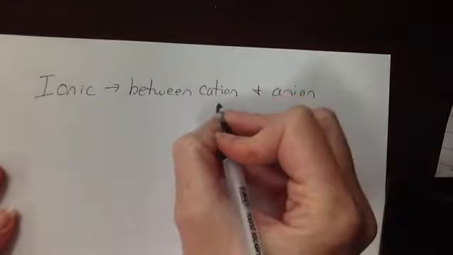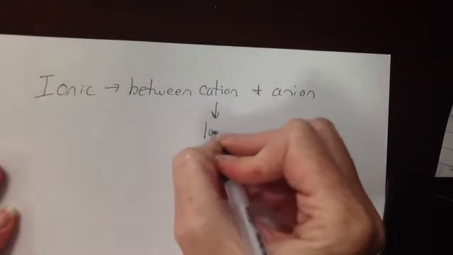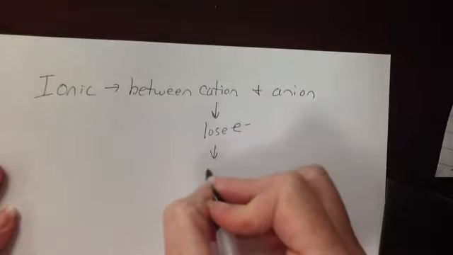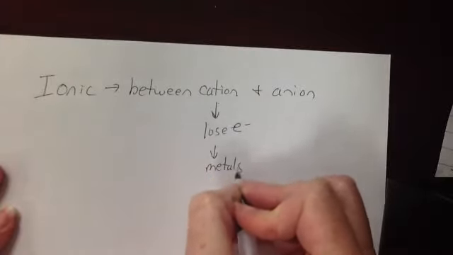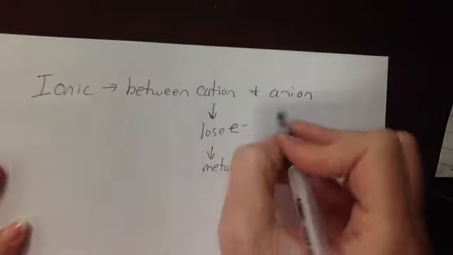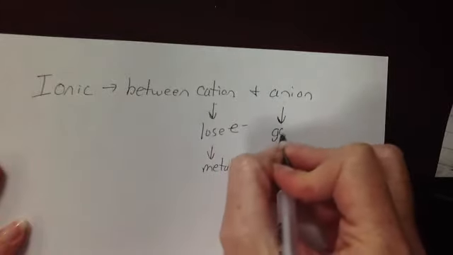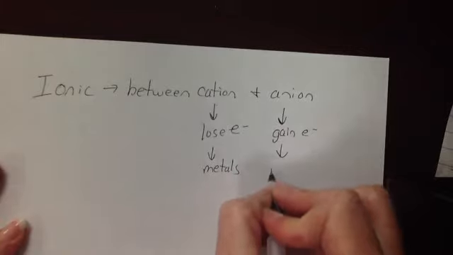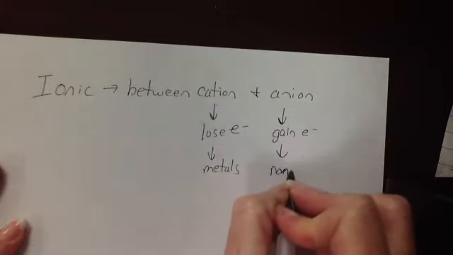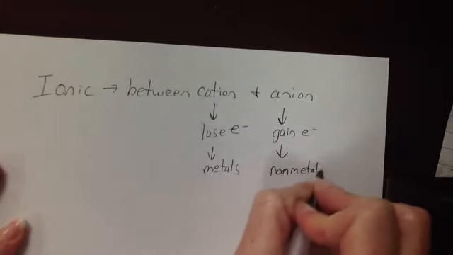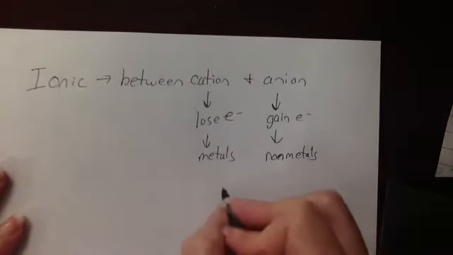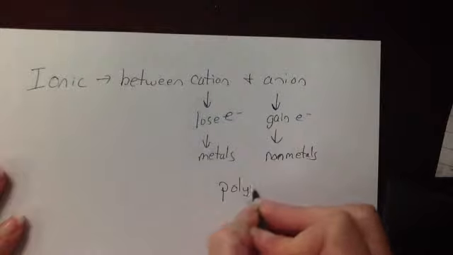And that cation is formed when it loses electrons, and that's normally your metals. And an anion is formed by gaining electrons, and that's normally your nonmetals. Or you could have an ionic compound if you have a polyatomic ion.